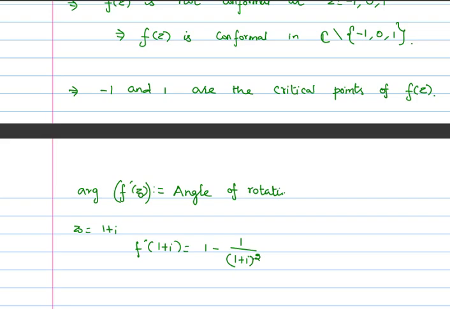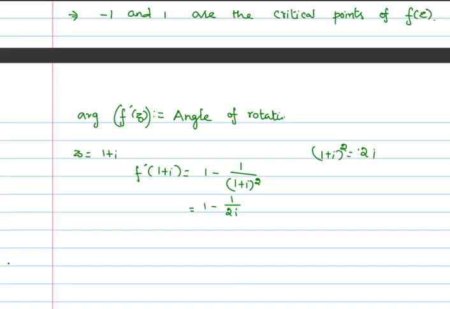So now I want to simplify. (1 plus i) the whole square equals, we know, x square minus y square plus 2ixy. So x is 1, y is 1, so 1 minus 1 is 0, and we get 2i. So this implies 1 minus 1 over 2i, which is equal to (1 plus i) divided by 2.